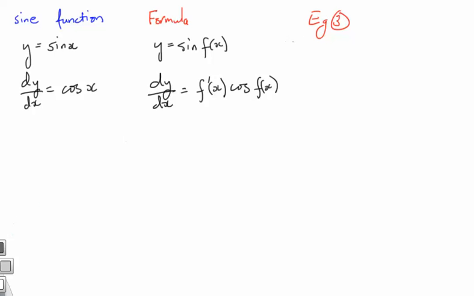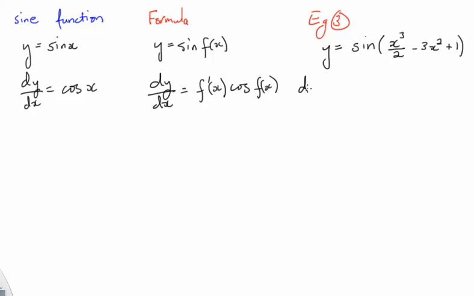Example 3, let's say y equals the sine of x cubed on 2 minus 3x squared plus 1.